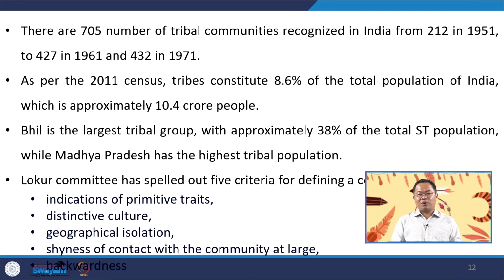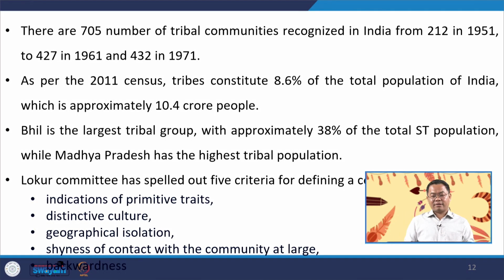Shyness of contact with community at large. This idea of shyness of contact also comes from the notion that tribal communities, given that they are geographically isolated and have rarely interacted with the outside world, have some kind of reluctance to have close cultural relations with communities outside of their own.